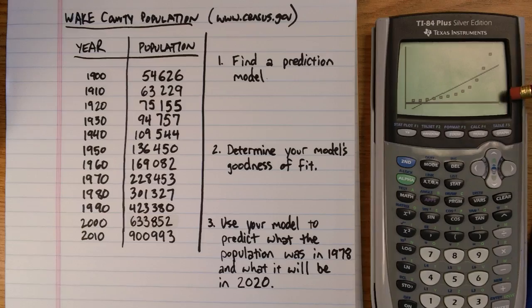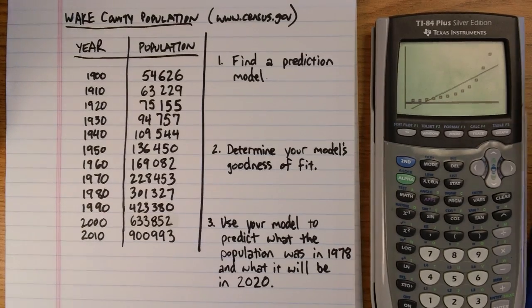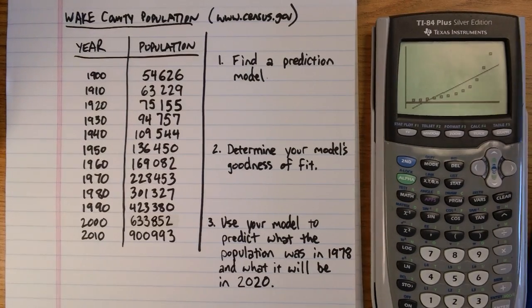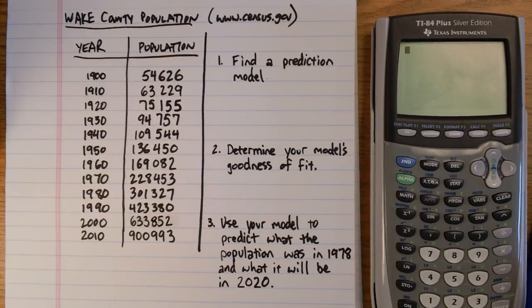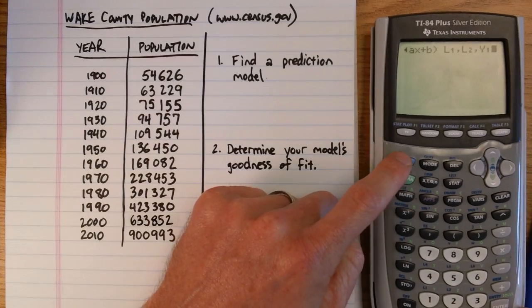So I'm not liking this, but again, I want to put it through all the tests. So I want to find the residual plot for this model on top of this data. I'm going to quit out back to my main menu, and I actually want to jot down that equation.